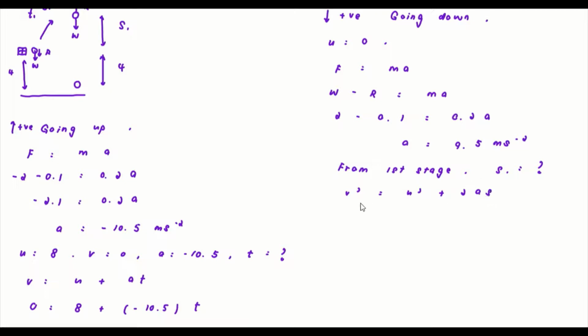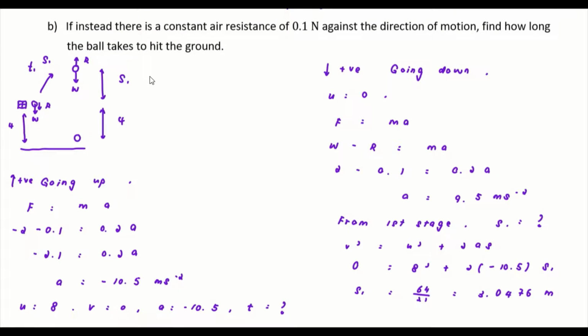Let's substitute: v squared is 0, then 8 squared plus 2a and S1. From here I can solve S1 equals 64 over 21, which is around 3.0476 and so on. So the distance here is 64 over 21.